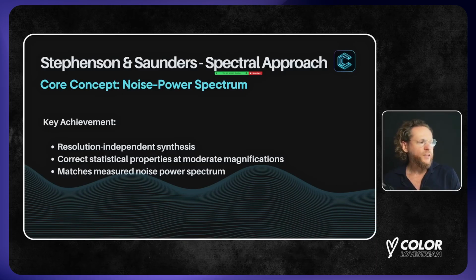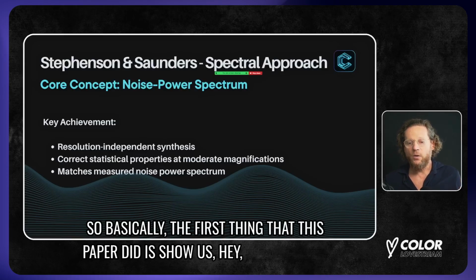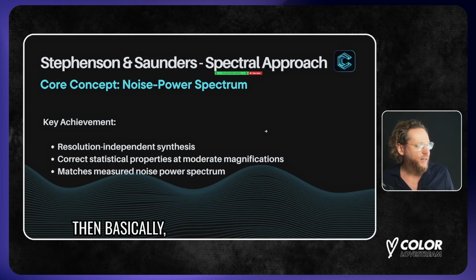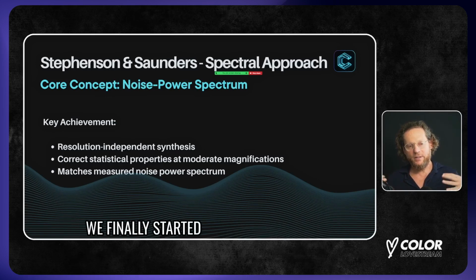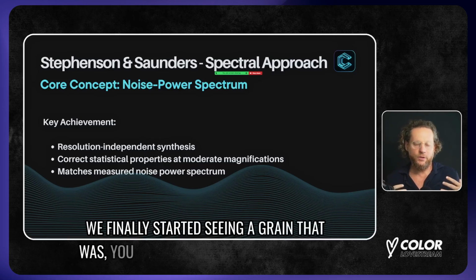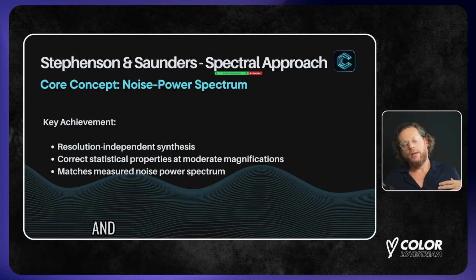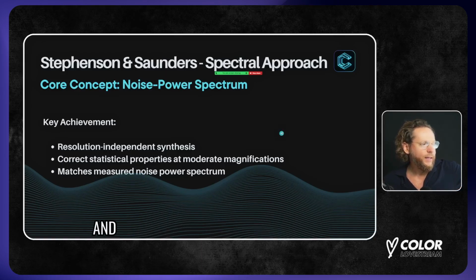The first thing this paper showed us is that we can work resolution independent. I think that was the main breakthrough. We finally started seeing grain generated at the actual image resolution level, rather than implying a scaling of an existing thing.